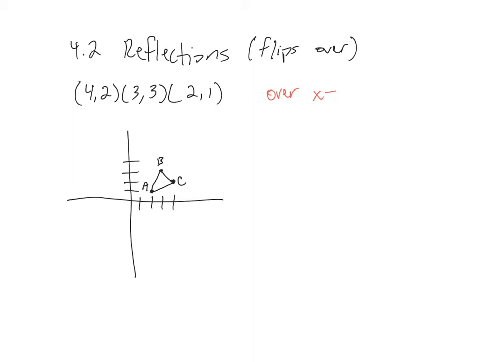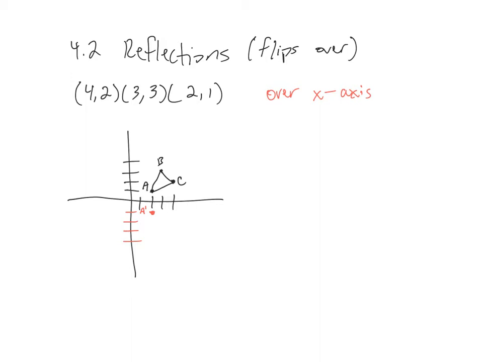over the x-axis. So you're really just looking at the idea that, and it doesn't matter the order that you go in, but point A is 1 up from the x-axis, so A prime will go 1 below.